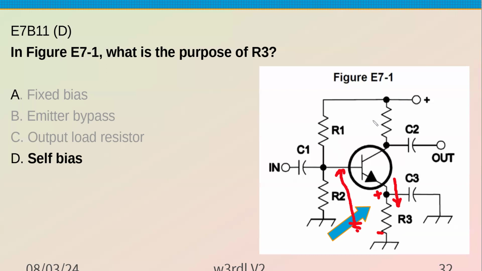Sometimes they'll even get more complicated, and you'll see two resistors here with a point coming back to get even more negative feedback.